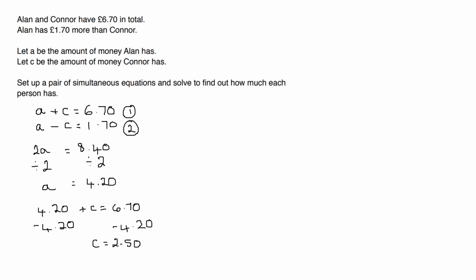Then let's check using our second equation, as we always must when we're doing simultaneous equations. So 4.20 minus 2.50 will give us 1.70, which is correct. So my solutions again satisfy both equations, so I can be sure that they're correct.